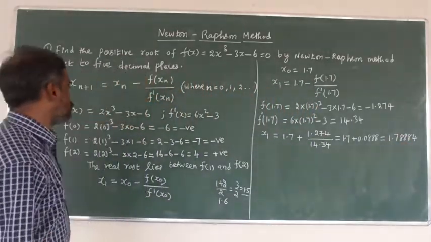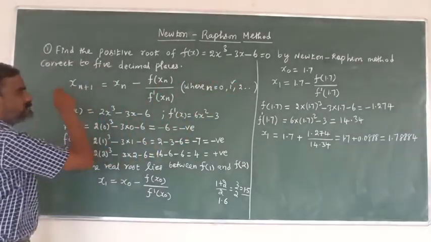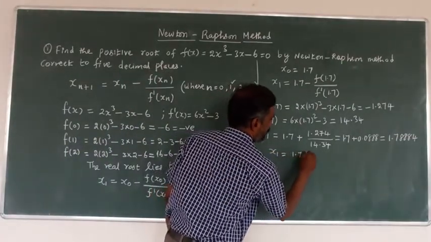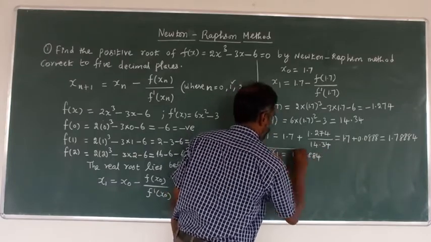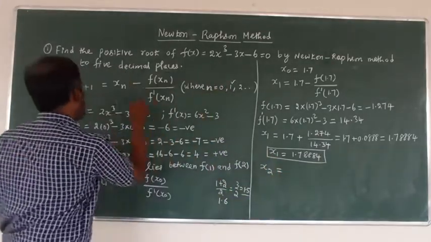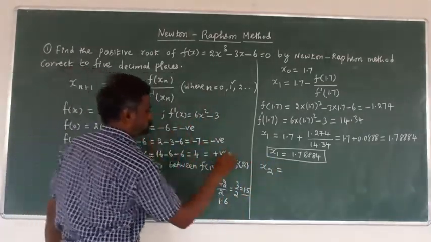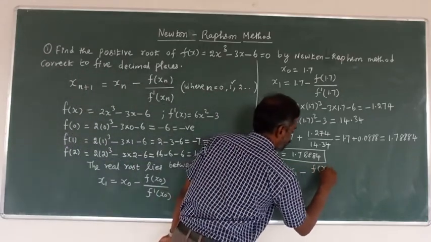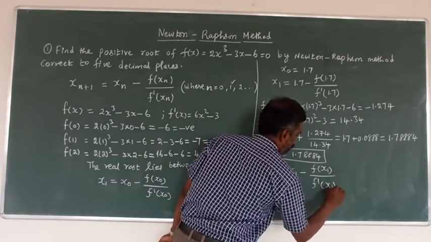Next, to find the second iteration, for that substitute n value 1, x1 equals 1.78884. So x2 equals x1 minus f of x1 divided by f dash of x1.